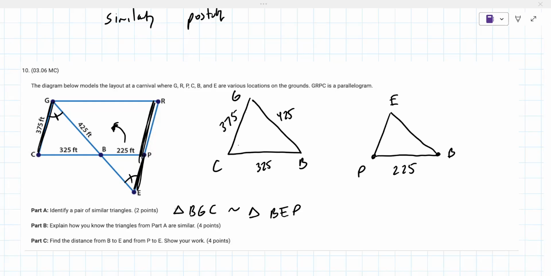So we're going to do basically the same thing we did in the last problem for part B. We're going to give the three letters for the angle.